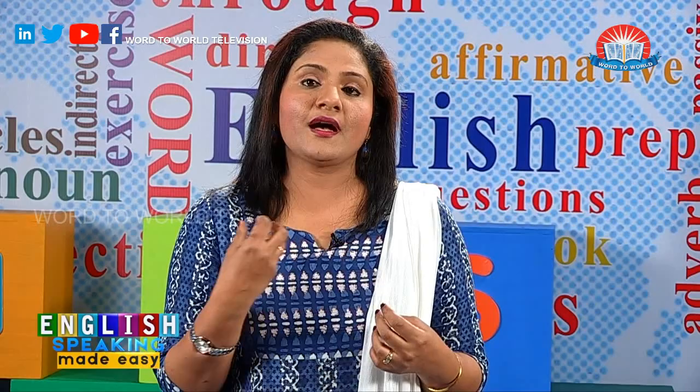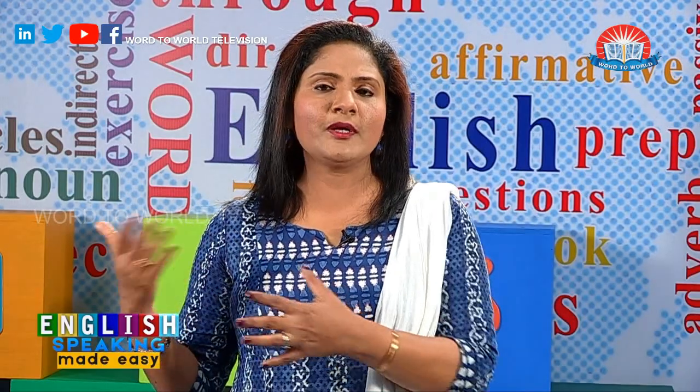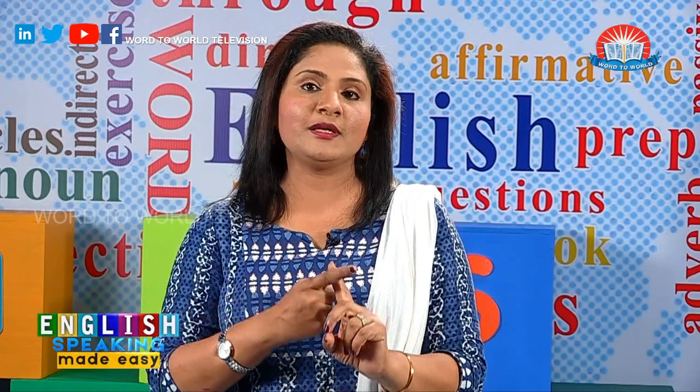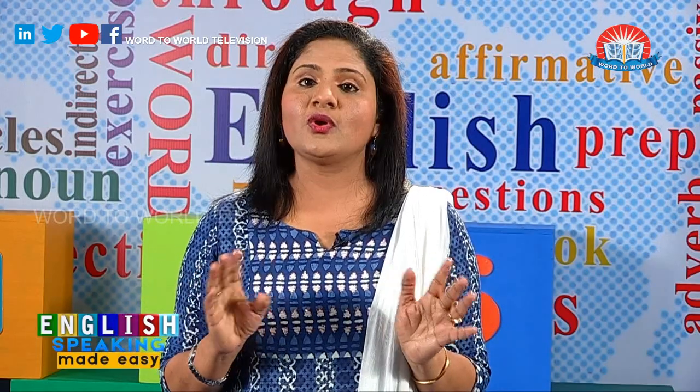But look at the word dog. We do not use a capital there. The D is not capitalized because dogs refer to a general species. There are many kinds of dogs, of which one breed is a pug. So, Pug takes a capital P while dog does not.